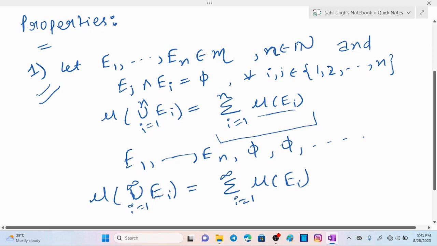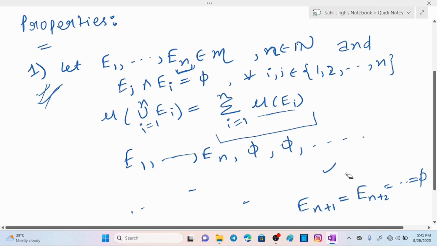Now after the number n, if I take En+1, En+2, and so on to be empty, then this property holds. So we have proved the first one.